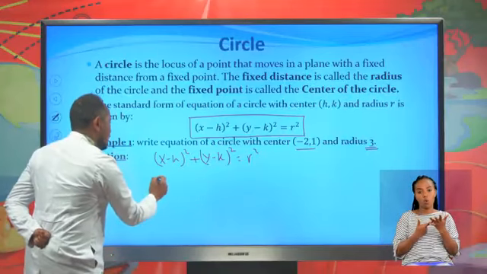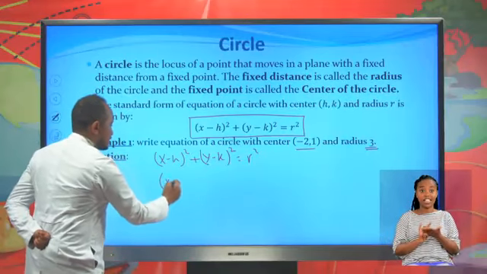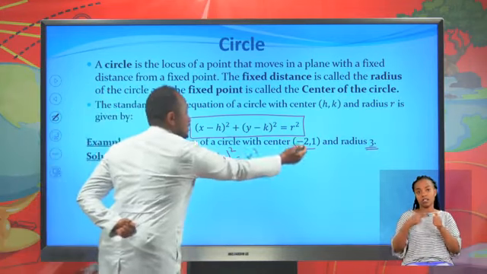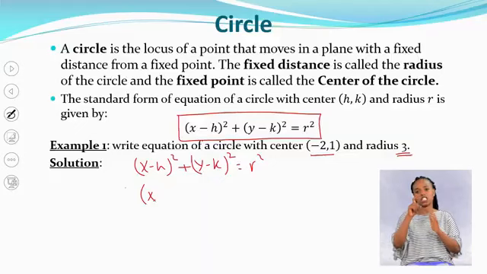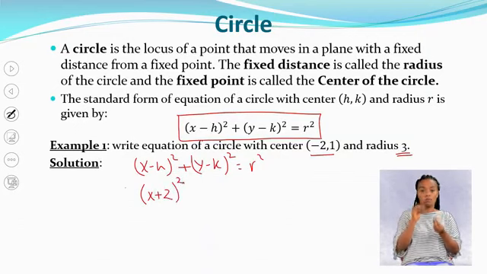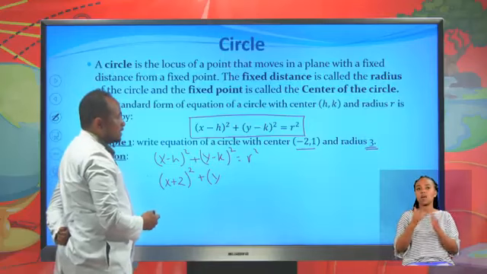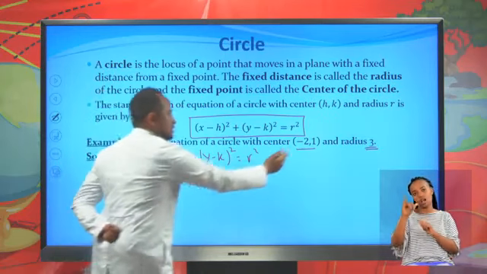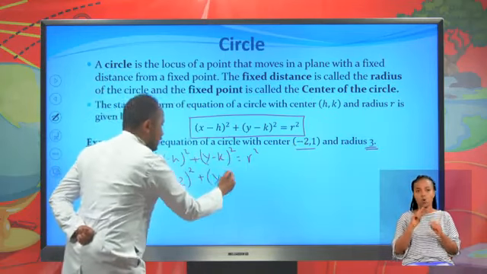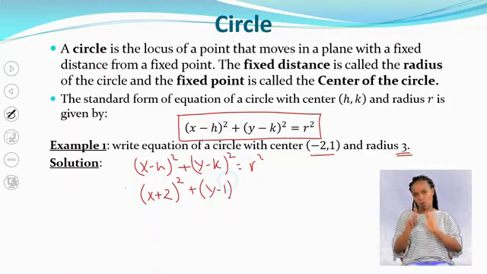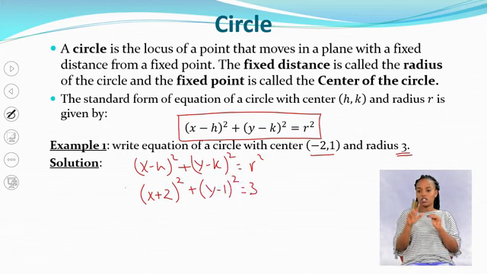Since we have the center, the x coordinate of the center is minus 2, so x minus h, minus 2 becomes plus 2: (x plus 2) the whole squared, plus (y minus k), where k is the y coordinate of the center, which is 1. So (y minus 1) the whole squared equals the radius 3 squared.